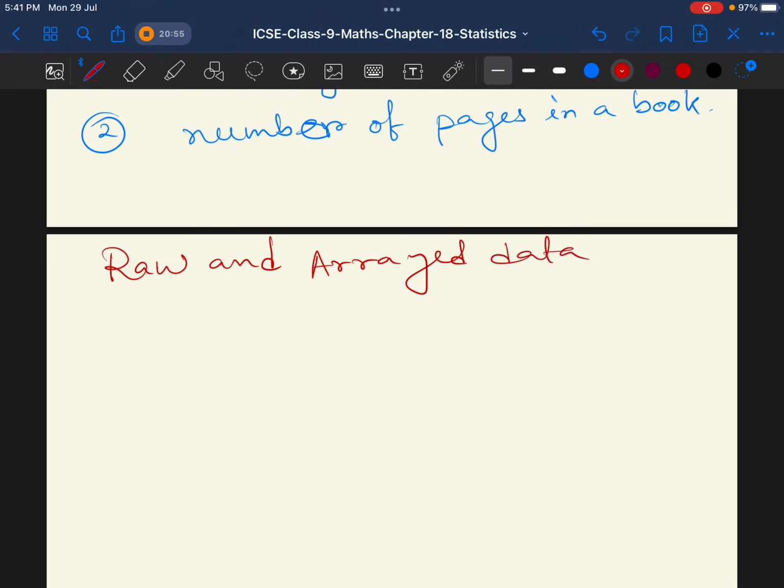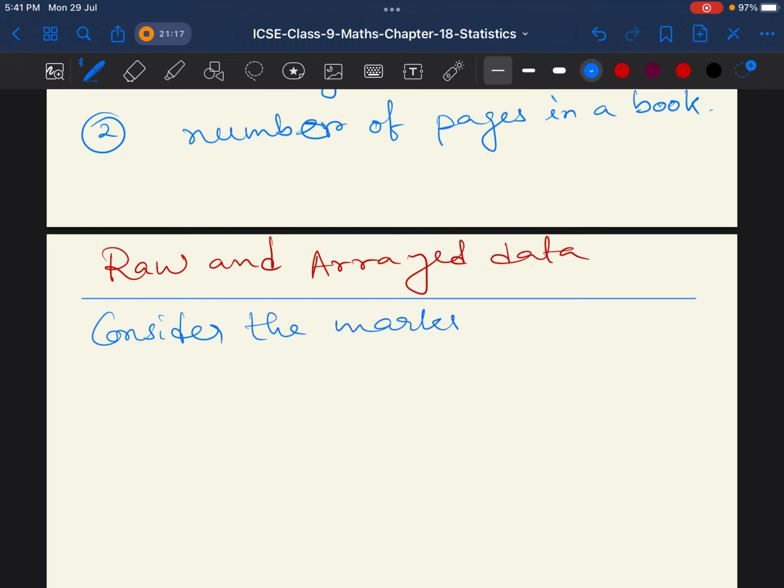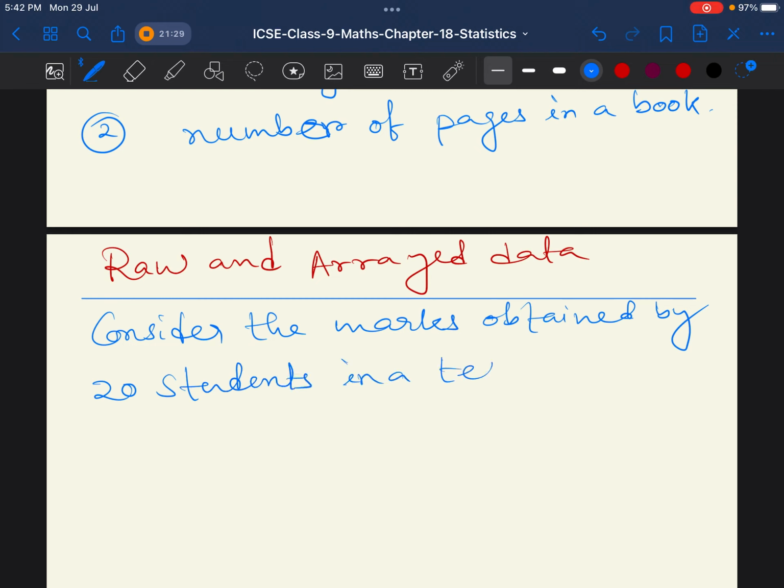Arrayed data. So first we consider the marks obtained by 20 students in a test out of 50 marks.